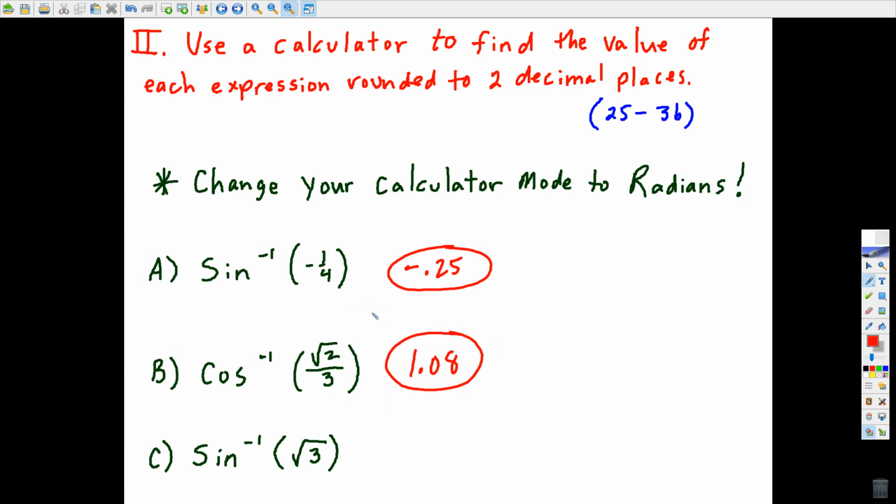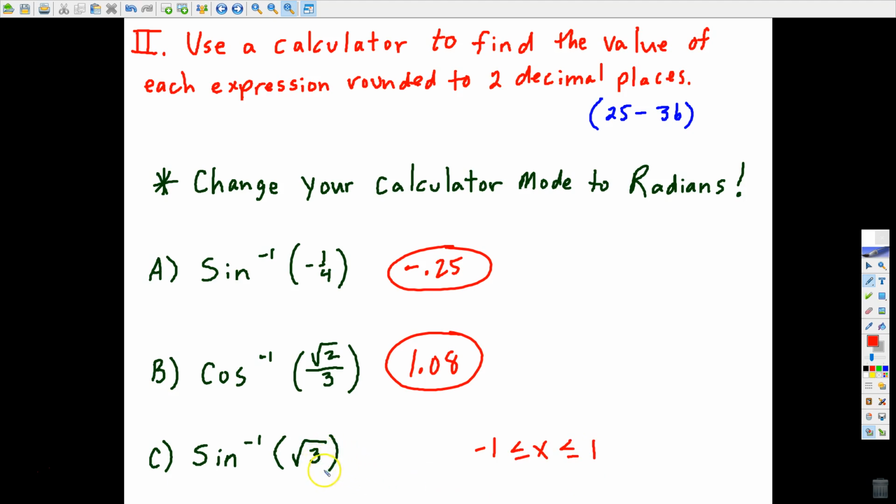Okay, now I want you to see what happens with letter C. Second sine, and then we're going to put in the square root of 3. And you get domain error, and that's supposed to happen because remember what the domain for inverse sine is, and that's also true for inverse cosine. It's got to be a number between -1 and +1.